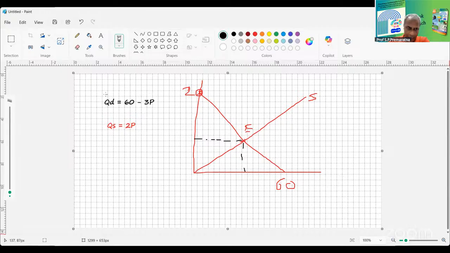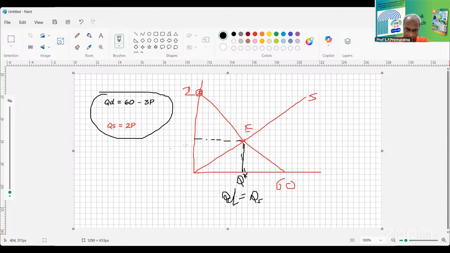Now here we have two functions. For the market clearing quantity at that point, we use the usual notation Q star. At that point, you can see demand equals supply.